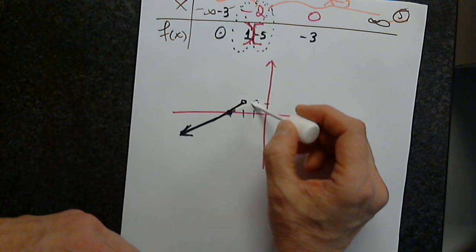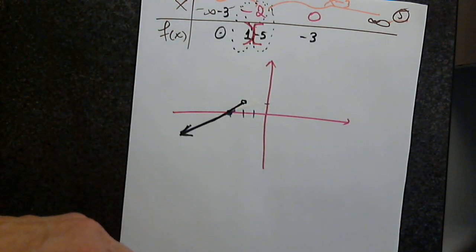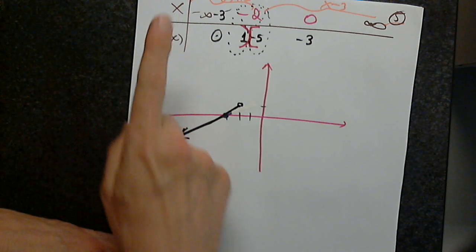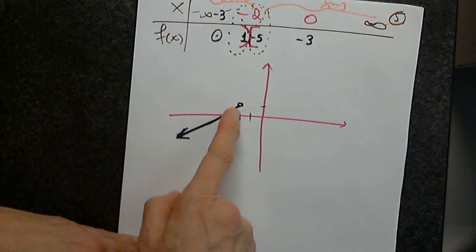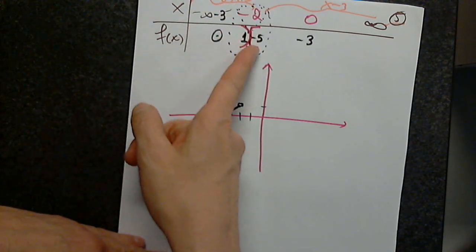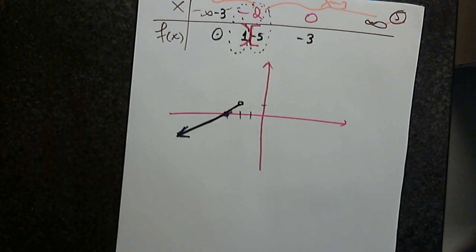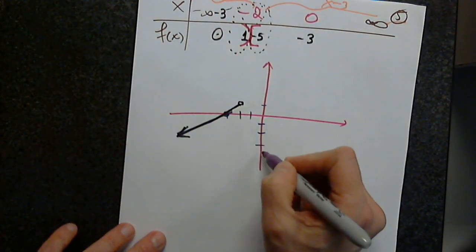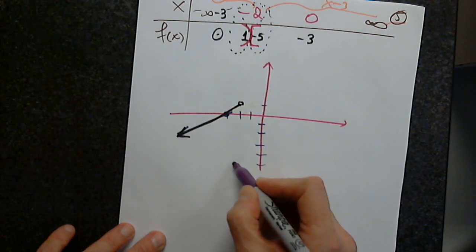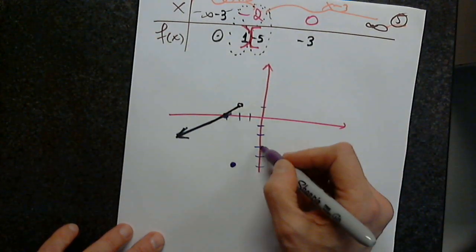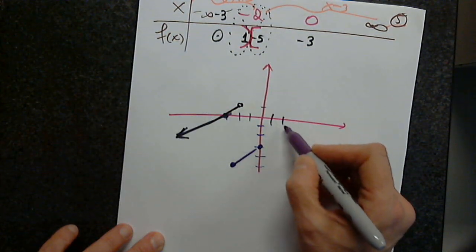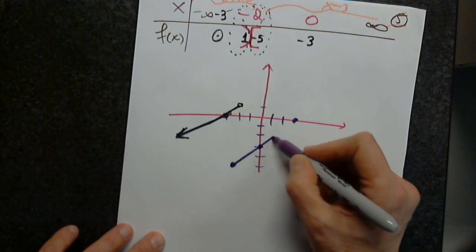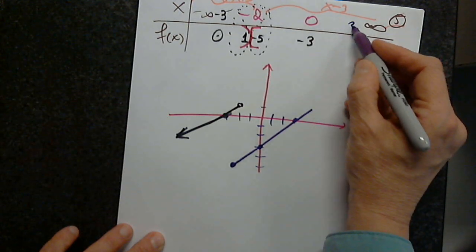What are we talking about right here again? -3, 0 is this point. -2, 1 is this point. -2, -5 is this point. And 0, -3 is this point. And of course, I should determine this point as well at 3. At 3 is 0.